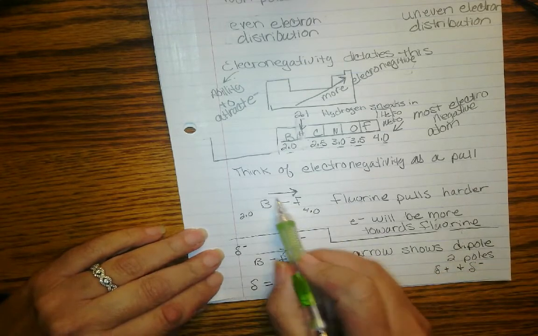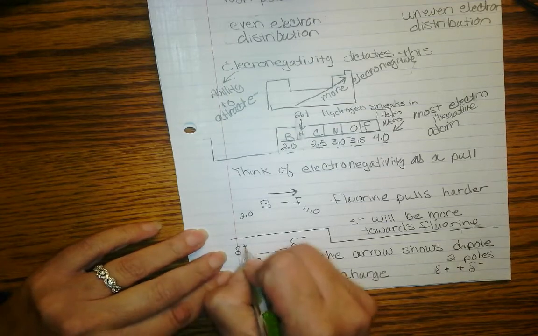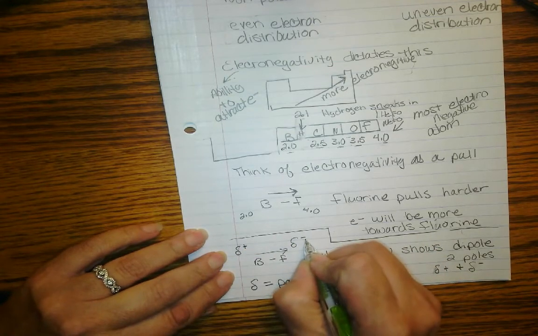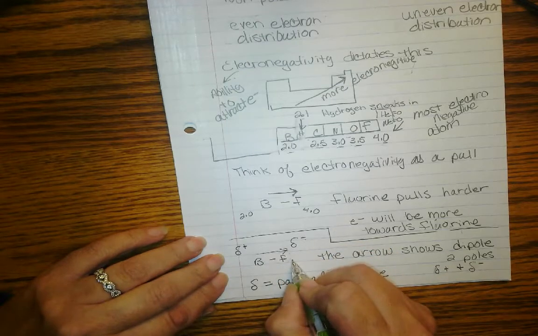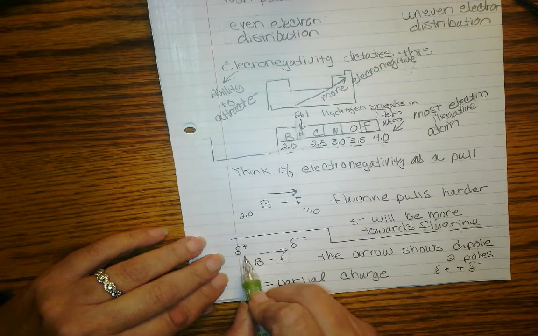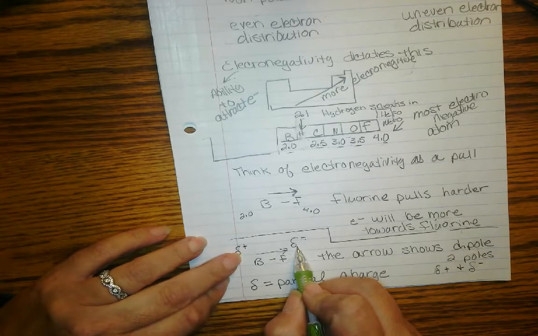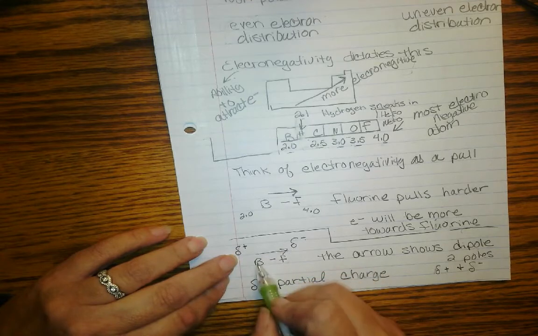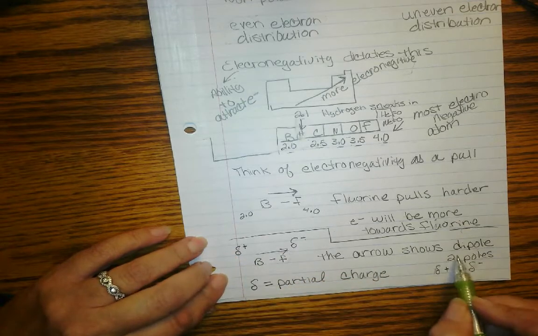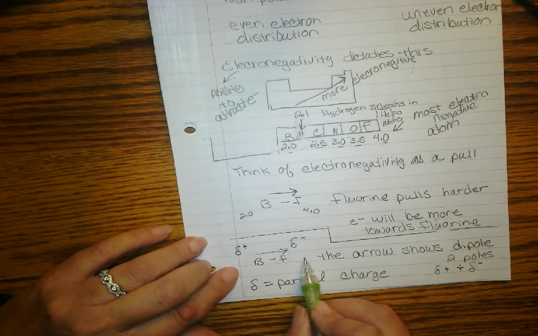Okay, so when I pull all these electrons over here, I get a partial negative charge. Why? Because my electrons are hanging out around the fluorine. Boron has a plus charge there, okay, because it pulled those electrons away from boron, and when I lose electrons, I'm not completely losing them, but when they're moving away, I get more of a positive charge over here. So this arrow shows the 2 different sides of the charge.